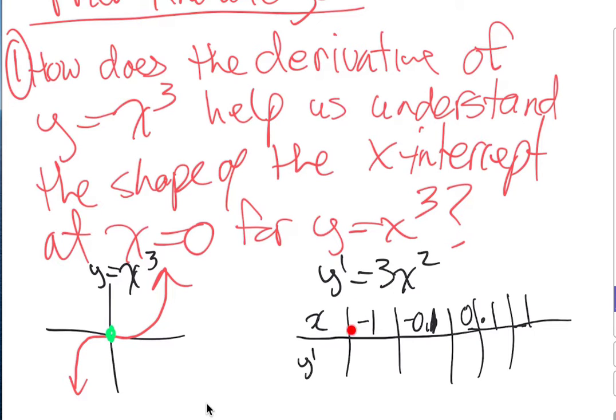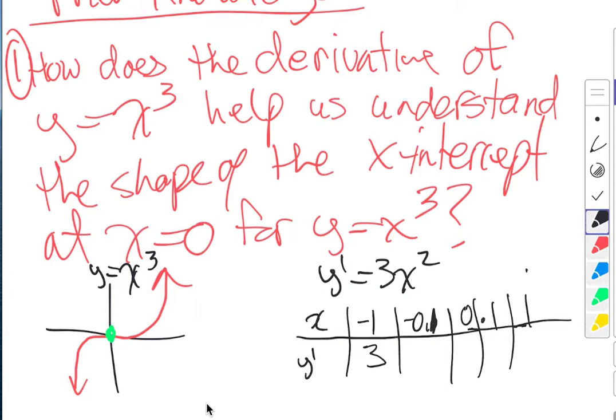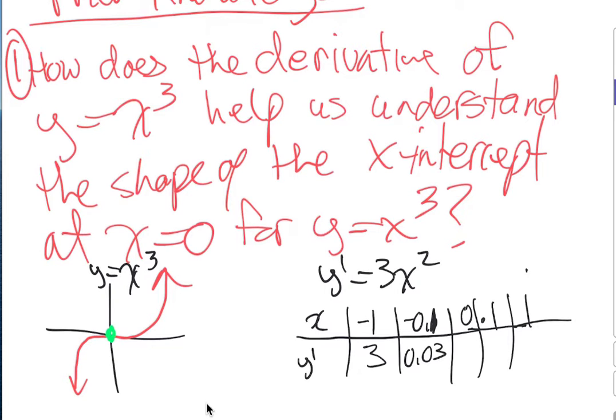I've got -1 squared, that's +1, times 3 is 3. Then I've got negative 0.1 squared. If I square negative 0.1, it's the same as squaring 0.1. It's 0.01, so that means that's 0.03 because it's 3 times 0.01.